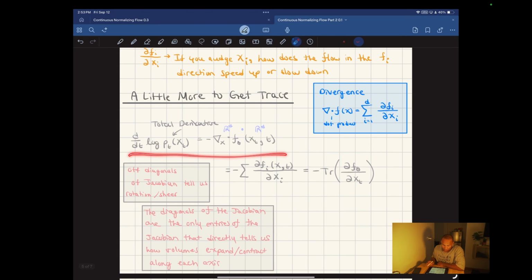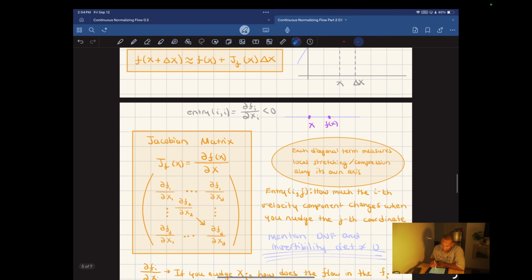So that's how the derivative of our log density with respect to time of a position along the trajectory is equal to the negative trace of the Jacobian, which gives us a measure of expansion and contraction.